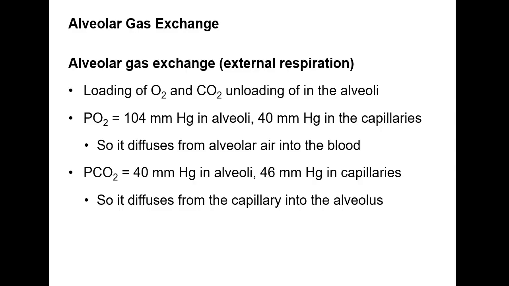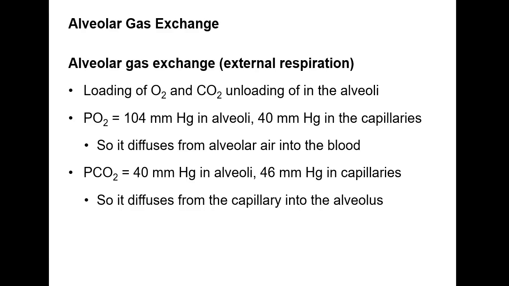Again, this is where we see gas exchange between the alveoli of the lungs and the blood capillaries surrounding them. This is where we load oxygen into the blood, and we unload carbon dioxide into the alveoli so that we can breathe that carbon dioxide waste out.